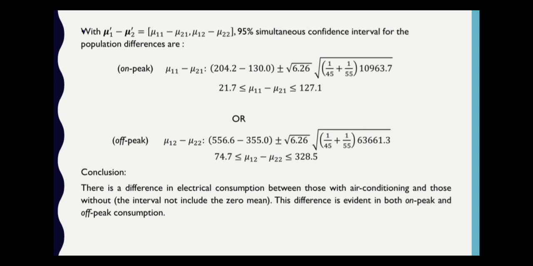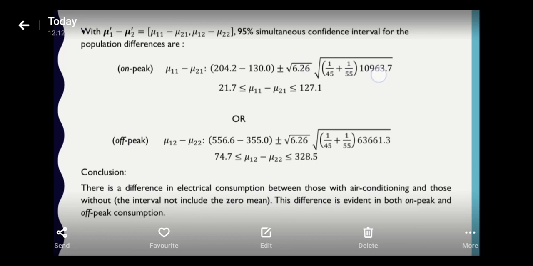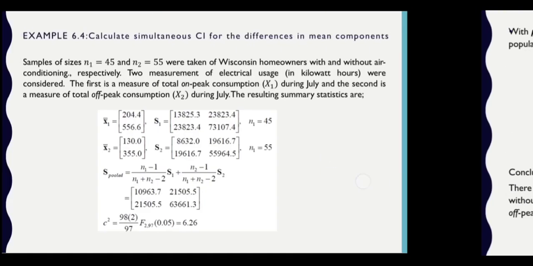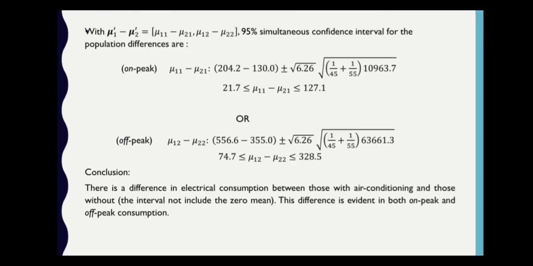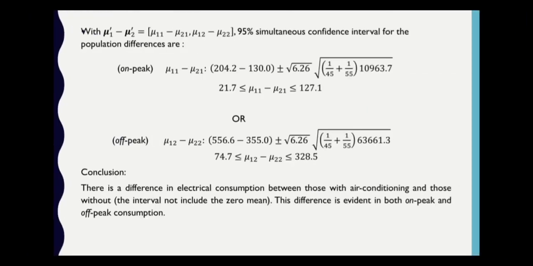Okay, sebab kita nak tengok untuk first variable on peak, the electrical usage on peak consumption. Okay, we use the information given here, and then here 109.63 we get from here. Okay, untuk first variable, and then apply the same thing for the second variable.